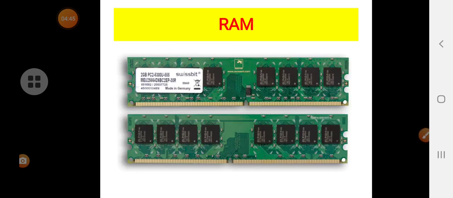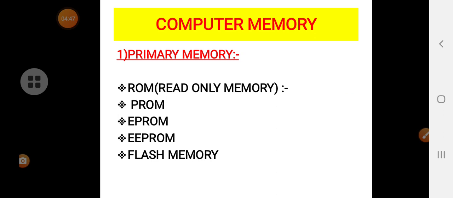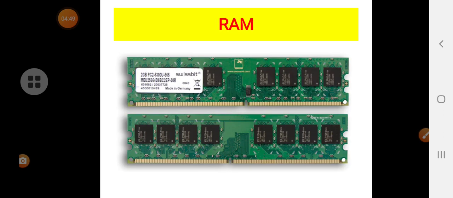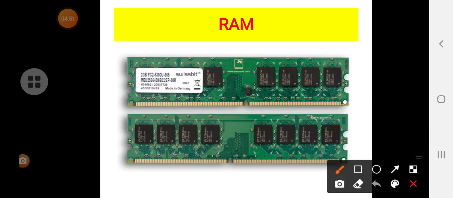Next we'll move on to the next type of primary memory, that is RAM. Whenever we buy a new mobile, we see its capacity, that is, its RAM. Whenever we buy a computer, we see the RAM. RAM is very important when it comes to processing.